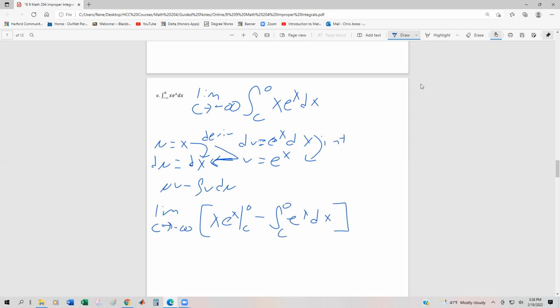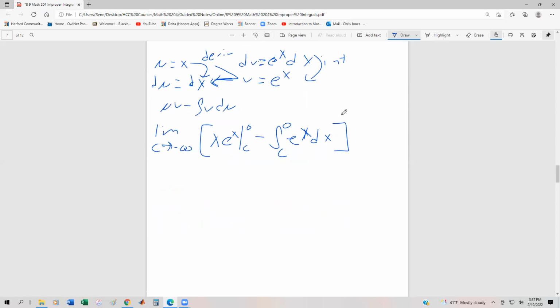Now, the good news is e to the x dx is the easiest integral to evaluate because we can't get it wrong; it's just e to the x. So the limit as c approaches negative infinity of x e to the x minus e to the x, from c to 0.